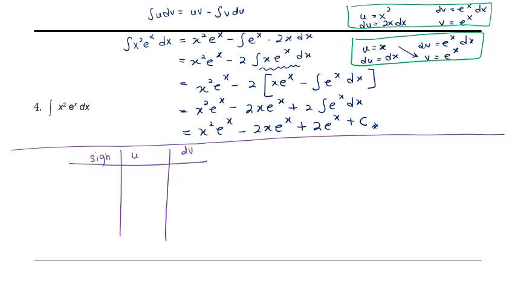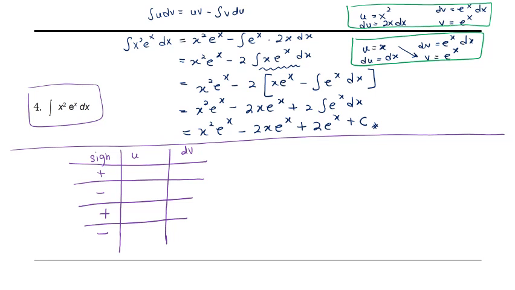Okay, sign ni kita biasa cakap start dengan plus, minus, plus, minus. Kalau ada lagi, tambah lagi. Okay, kita buat macam ni dulu. We choose u as, tengok soalan ini, u x square, dv exponent x.